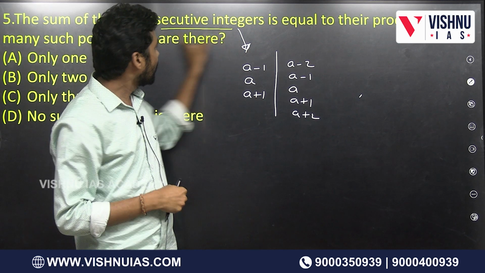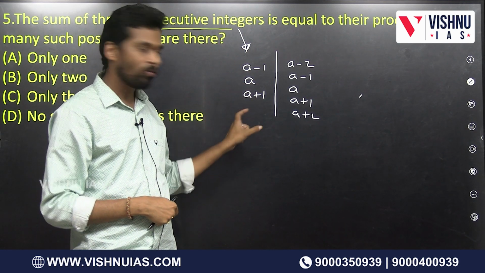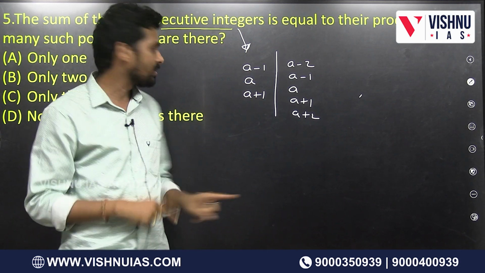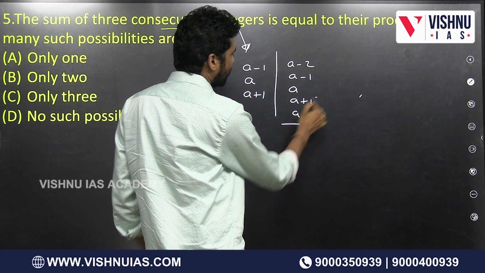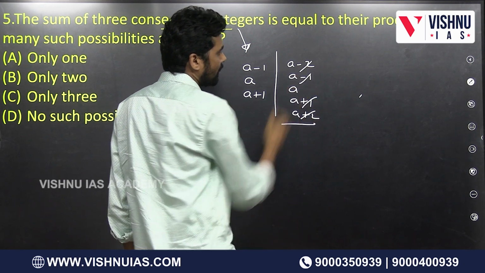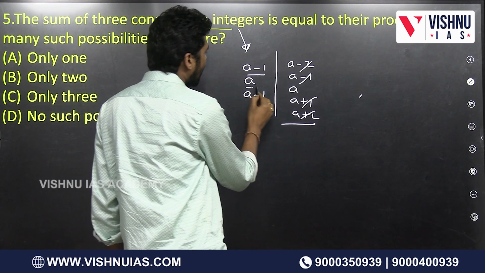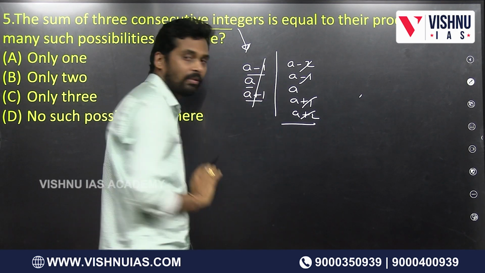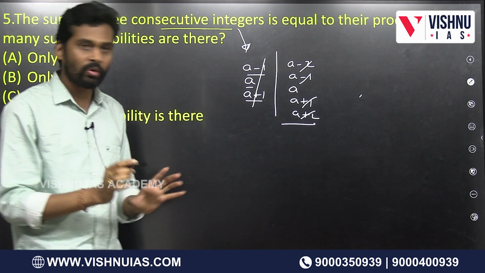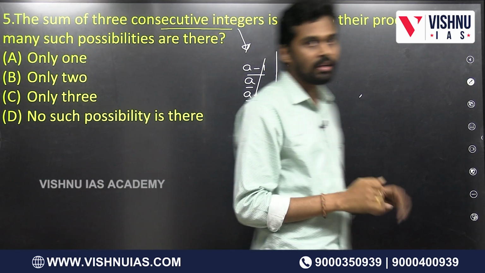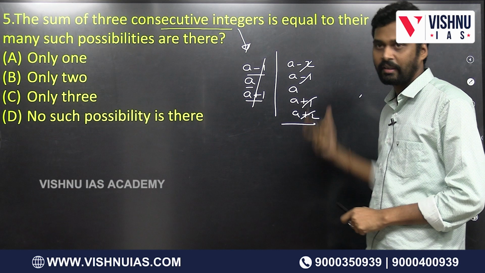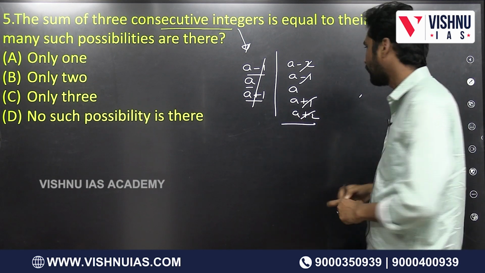But why are we considering it this way? Because when you take the sum, the simplification will be easy. If you take the sum of these numbers, plus 1 and minus 1 get cancelled, plus 2 and minus 2 get cancelled, and only the variables will be left. Similarly a minus 1, a, a plus 1, only variables will be left when you take the sum. That's why when the word consecutive is given, you immediately assume the values like this.